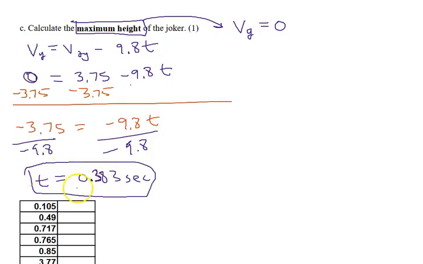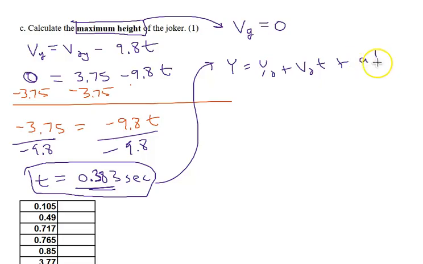We kind of care what time it happened, but what we really want to know is how high did the Joker go? So that means we care about its location. And so now we'll take that time and plug it into the position function.